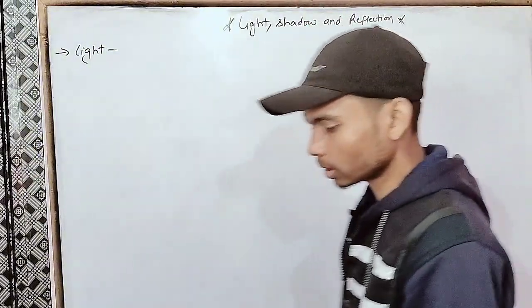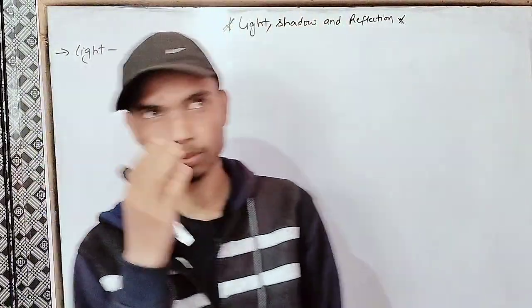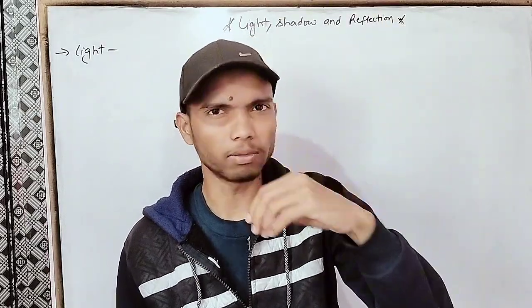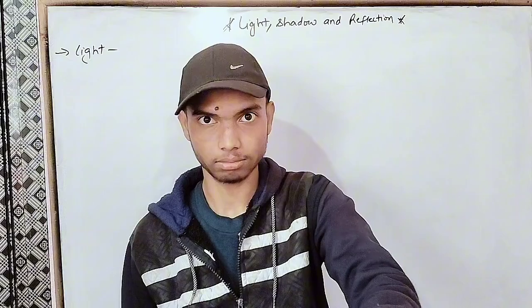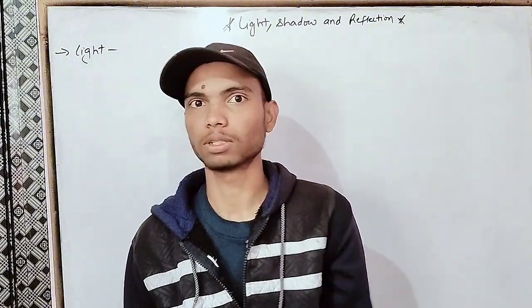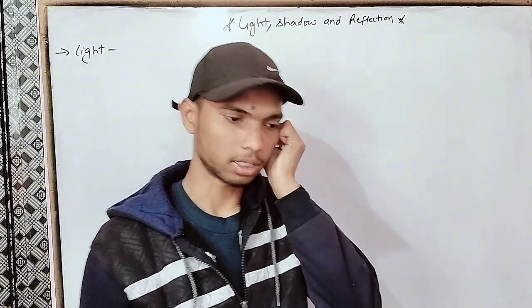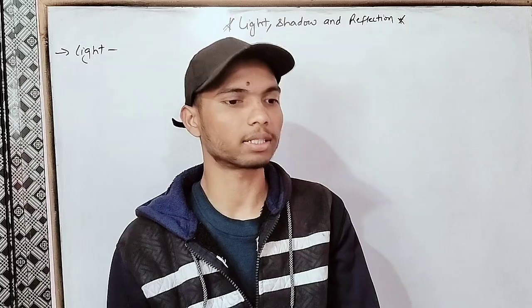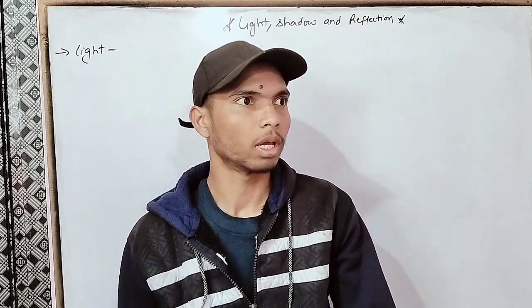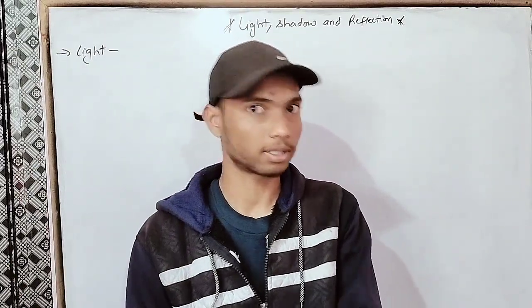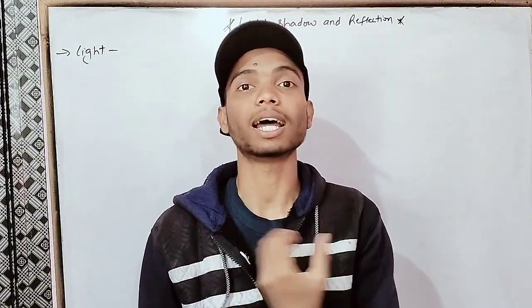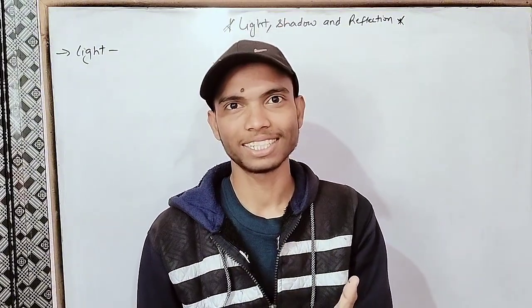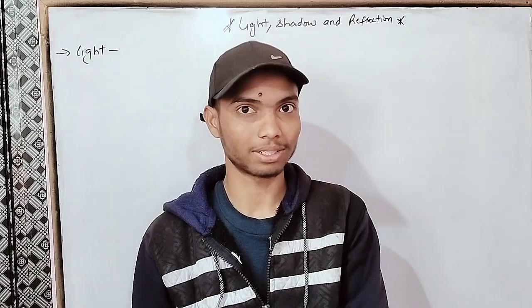Here I would say light means the bulb is emitting its light. This is the meaning of light. And the sun is an example of light. Sun is emitting light. Am I right? These are examples of light.